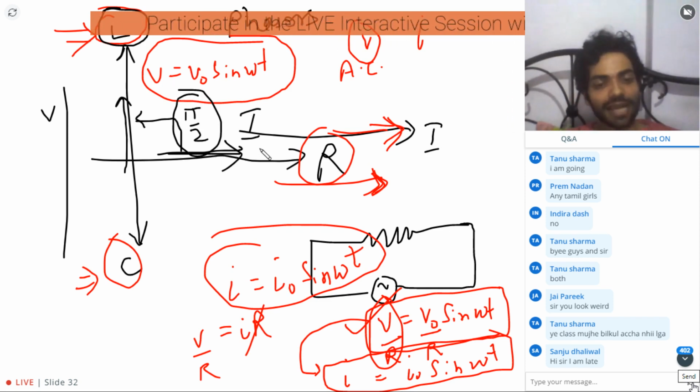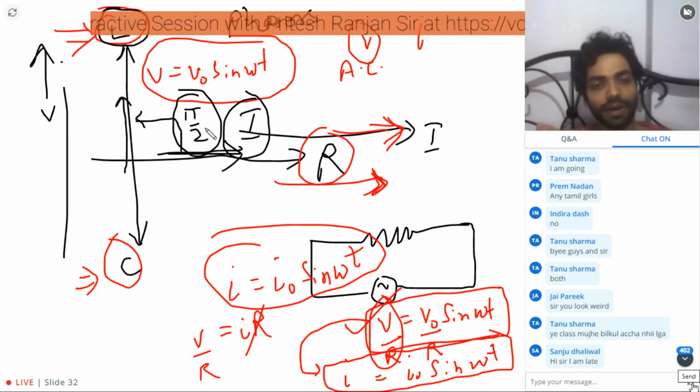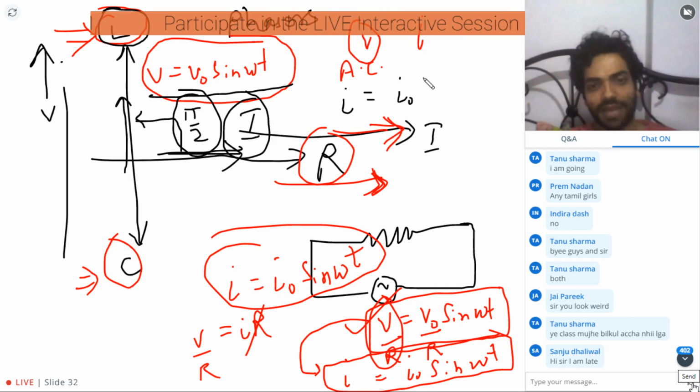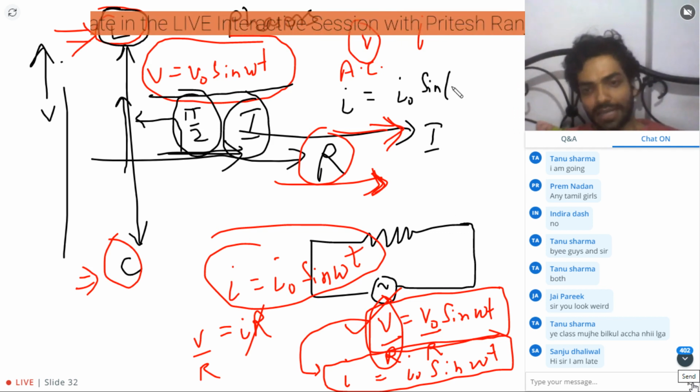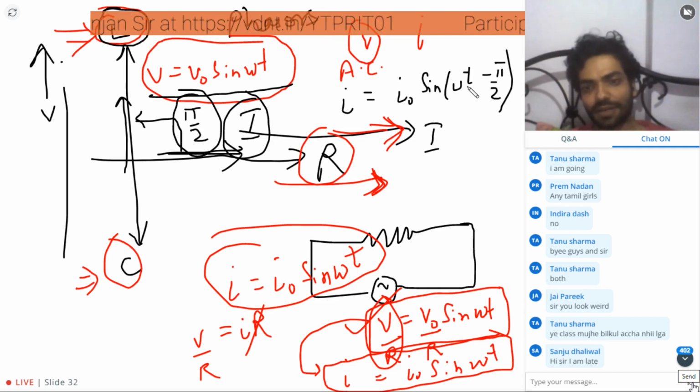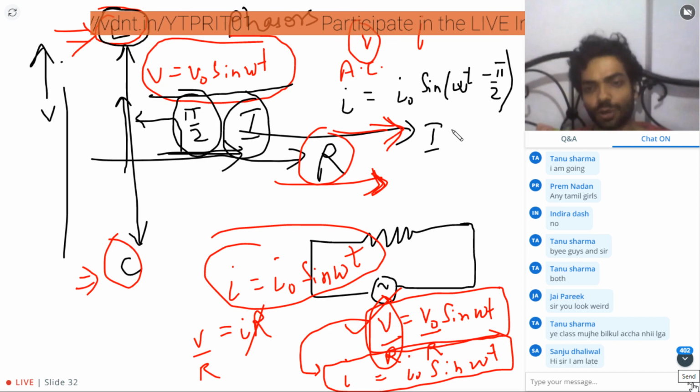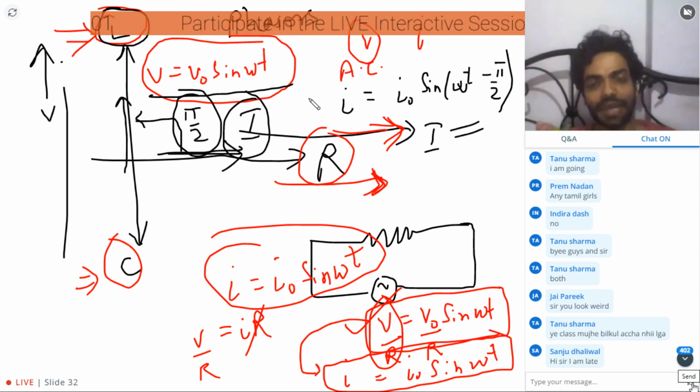Voltage is across Y, and current lags it by an angle of pi by 2. So using this value of V, which is equal to V naught sine omega t, you could get the value of I. So I will be I naught sine, and in the bracket I will write omega t minus pi by 2. Why am I introducing this term minus pi by 2? To show that the current is lagging behind the voltage by an angle of pi by 2.